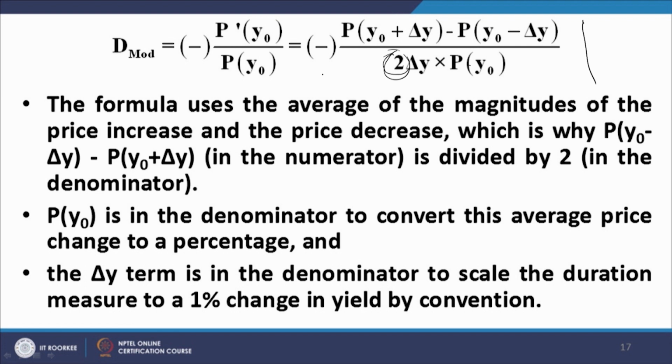P of y 0 in the denominator is introduced to convert the average price change to a percentage price change.